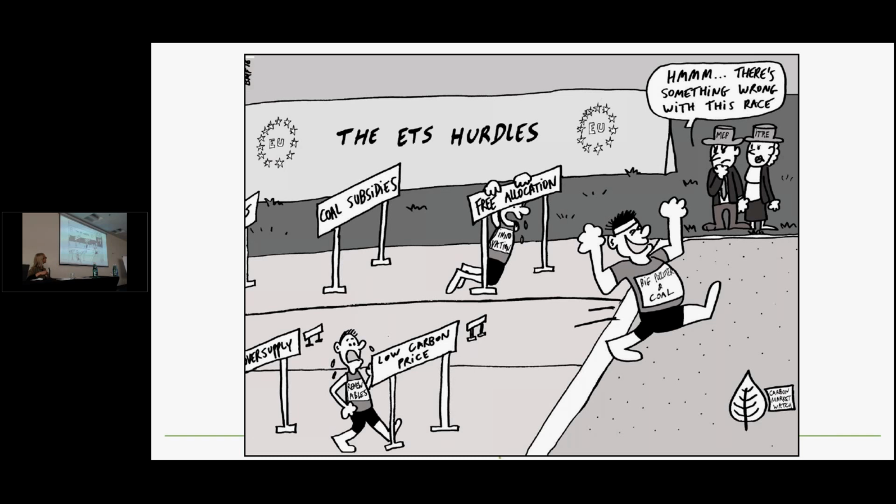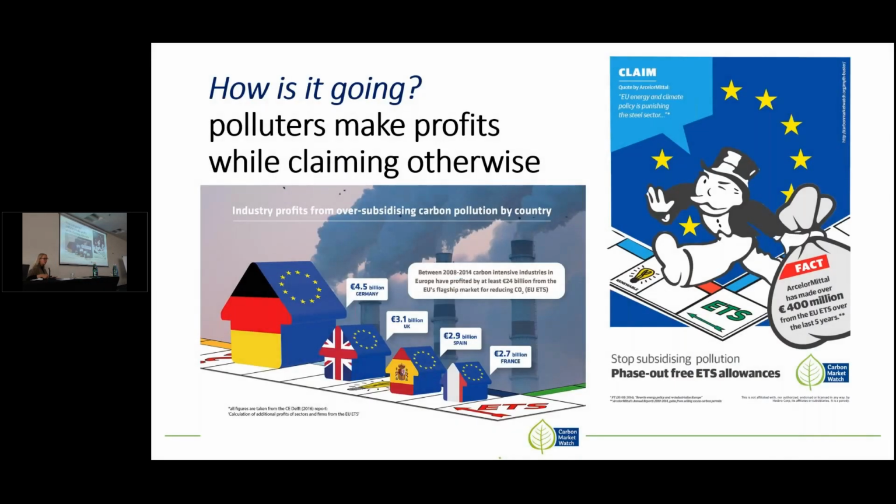There's a very low carbon price. There's a huge oversupply from previous trading periods. We have the situation where the big polluters, and especially coal, are actually winning. So instead of paying, the polluters have been making massive profits from the system while claiming otherwise.